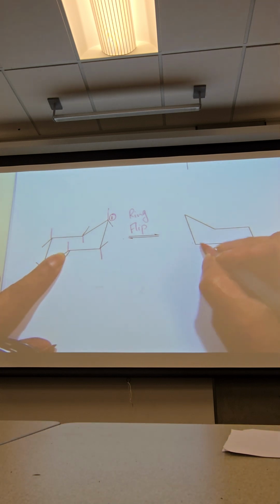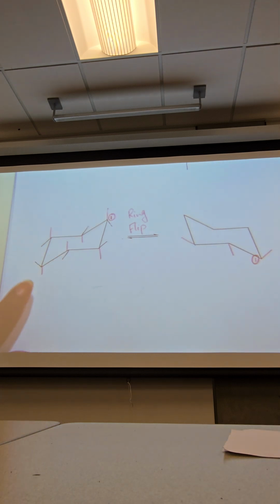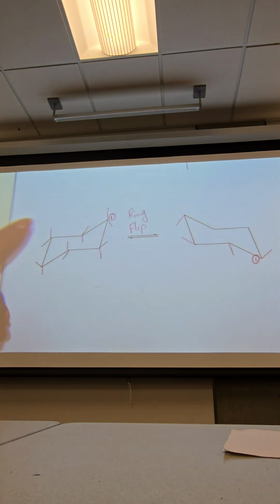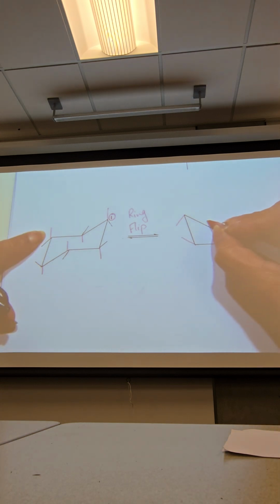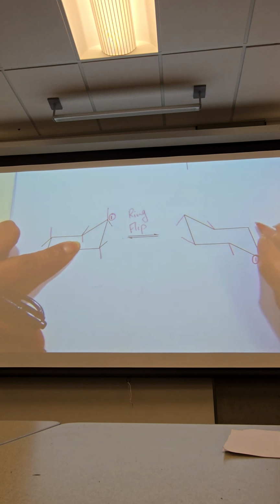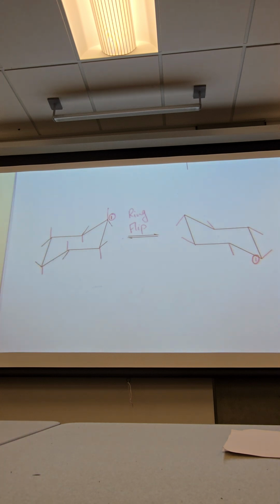It's still going to be up, but not axial, equatorial. Next axial was down. It's still down, but equatorial. Next is up. It's still up, but equatorial. And then the last one was down, so it's still down, but it's equatorial. So whichever bond was pointed upwards, it's still upwards. Whichever bond was pointed downwards, it's still pointed downwards, except that equatorial becomes axial, axial becomes equatorial.